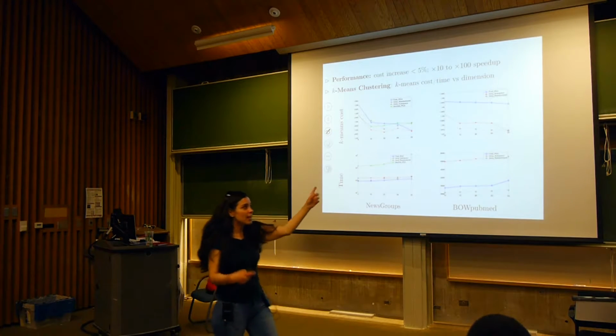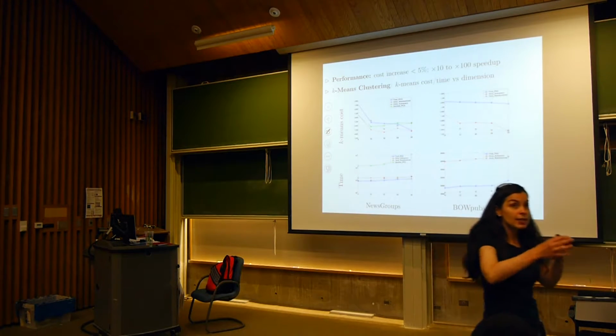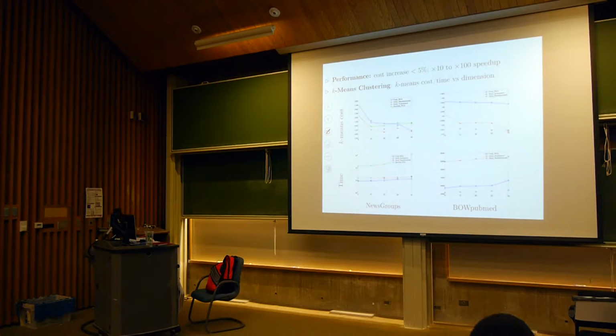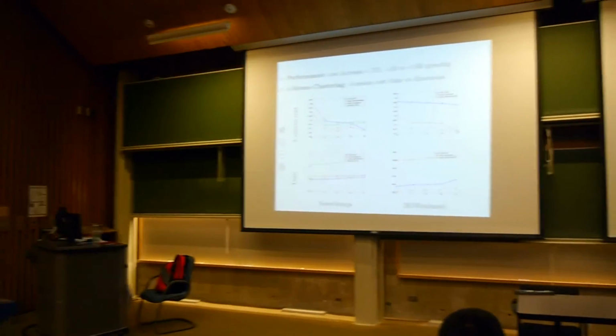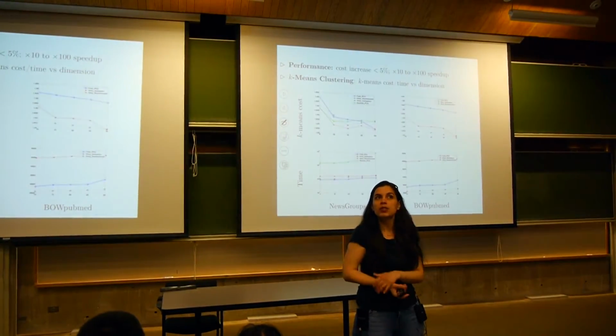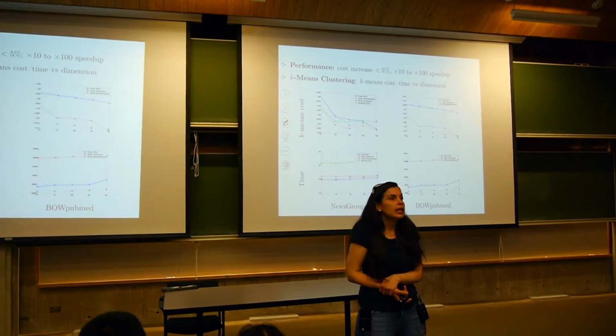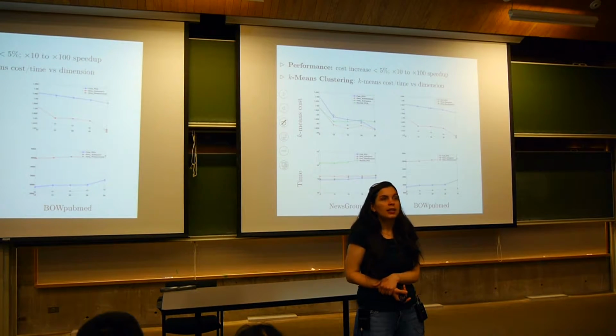And for k-means clustering, I don't have it on my slides, but you can even prove formally, not only show empirically as I have here. If your goal is to do k-means clustering in a Euclidean space, do you remember what the k-means cost of a clustering is?